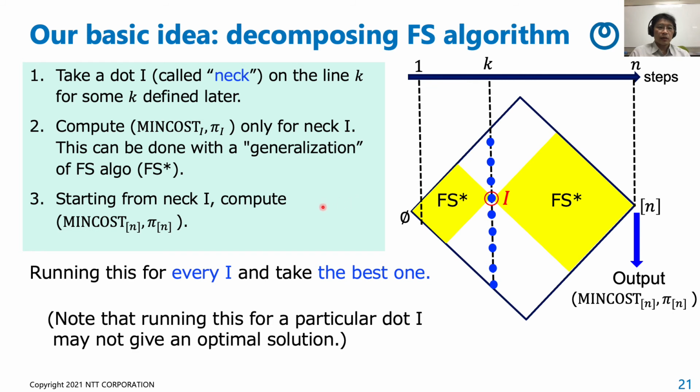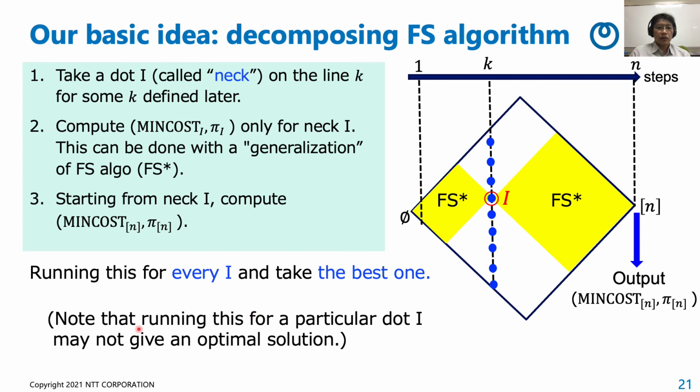And then starting from the neck I, compute min cost n and pi n. And this computation can be done with, again, a generalization of the FS algorithm. And this corresponds to this yellow area. Then finally, run this for every I and take the best one.